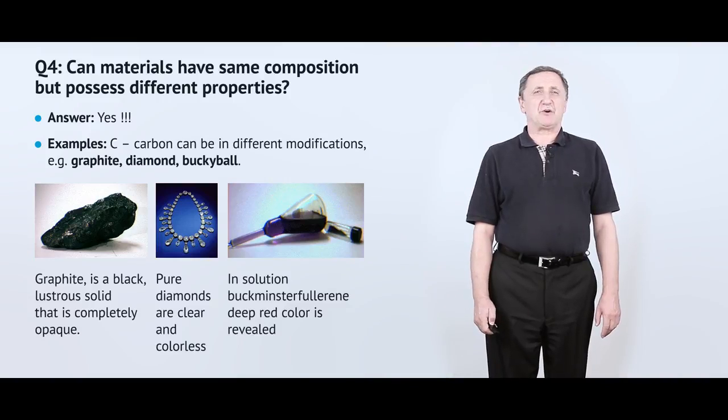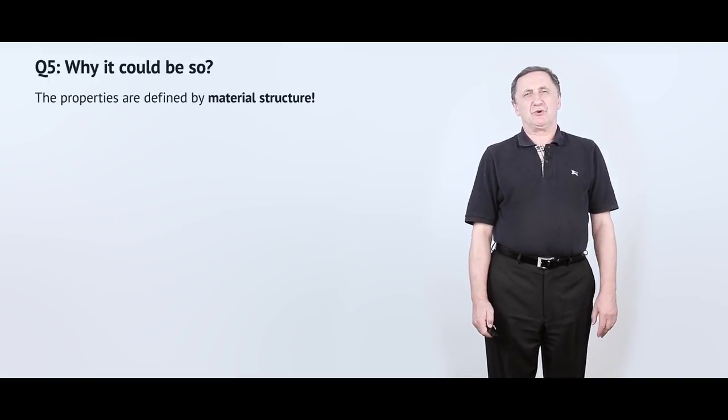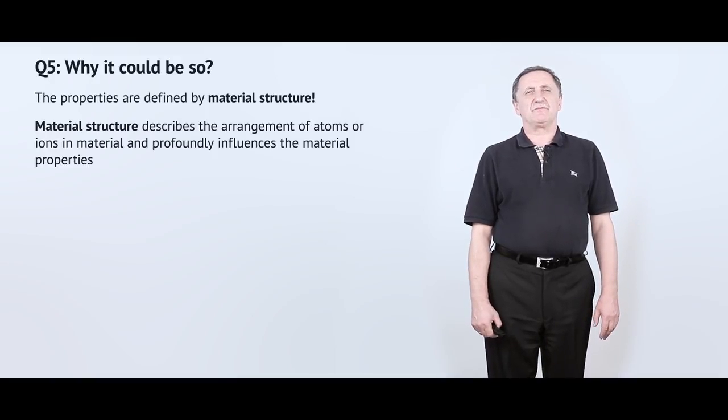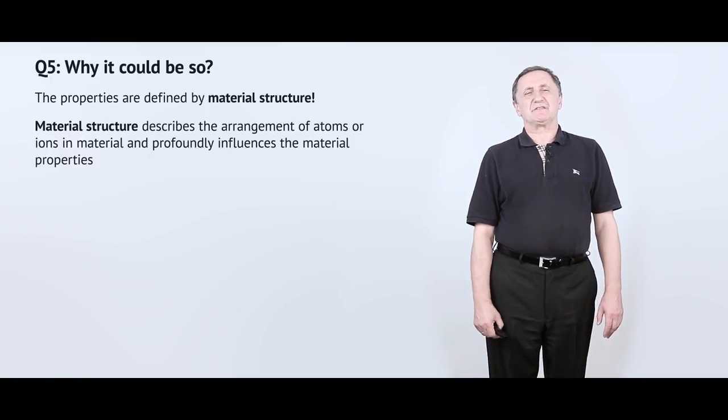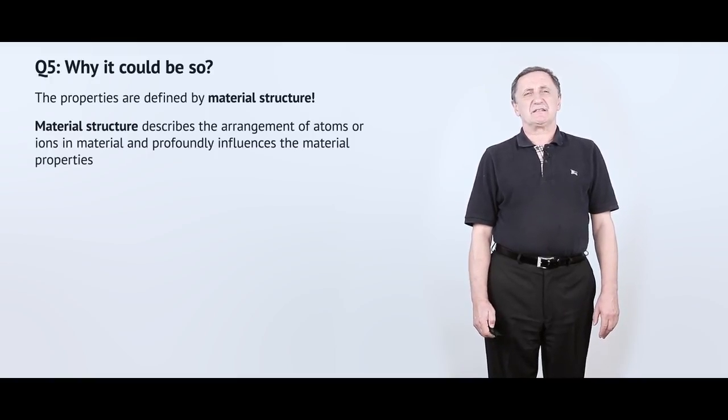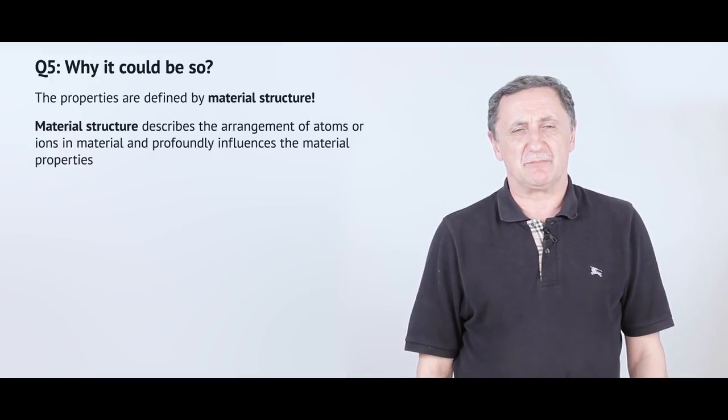Okay, so now the question is why it could be so, and you know the answer to this question, of course. The materials involve millions of atoms, maybe of the same nature even, but which can be arranged in absolutely different crystal systems, and these crystal structures in some sense define the material properties.